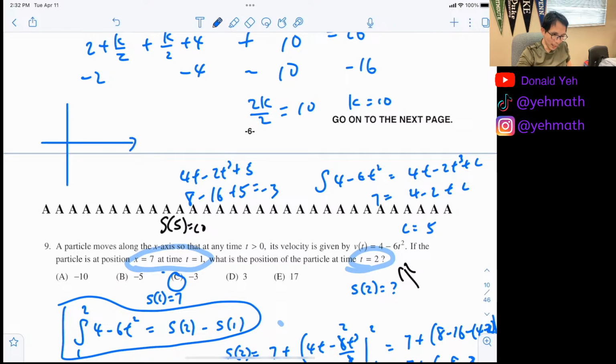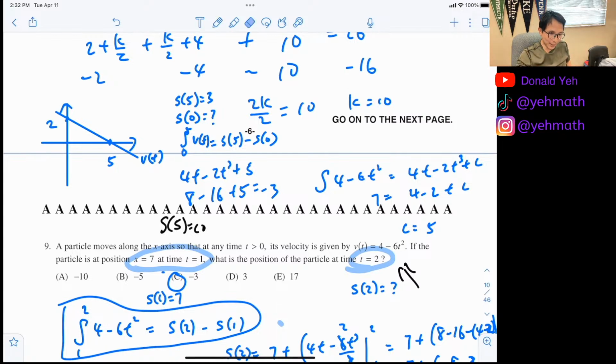Say they give a graph of v of t, and this is 5, this is 2, and they say s of 5 equals 3, and ask what is s of 0. This one is much better to do with the fundamental theorem of calculus. The integral from 0 to 5 of v of t equals s of 5 minus s of 0.